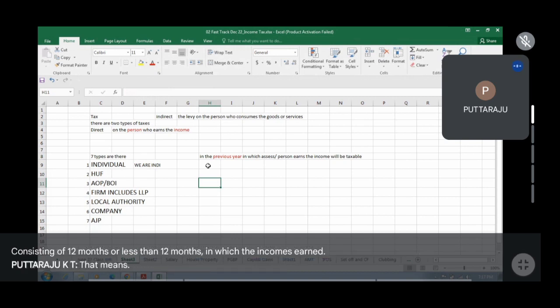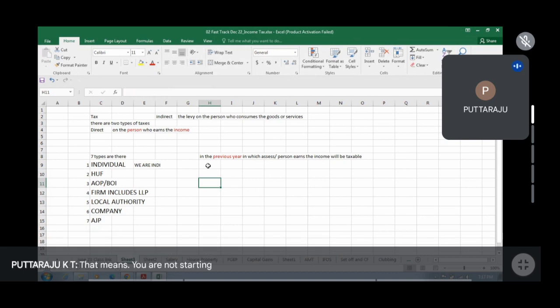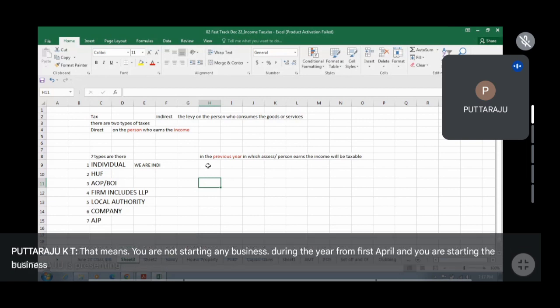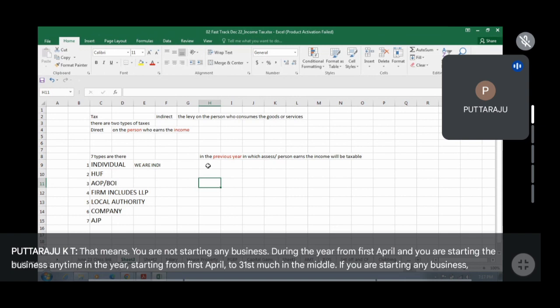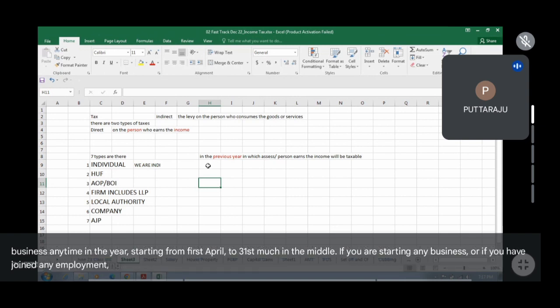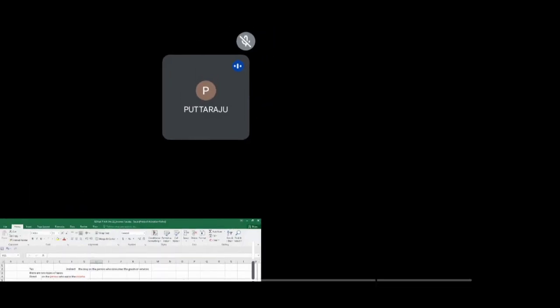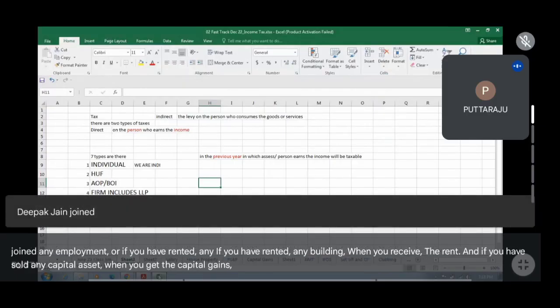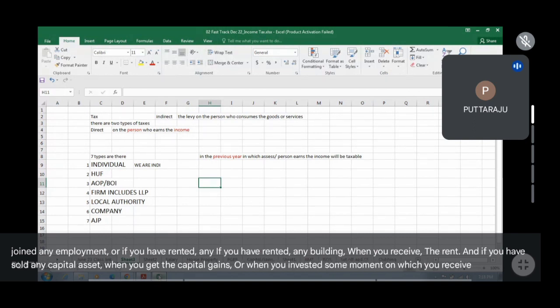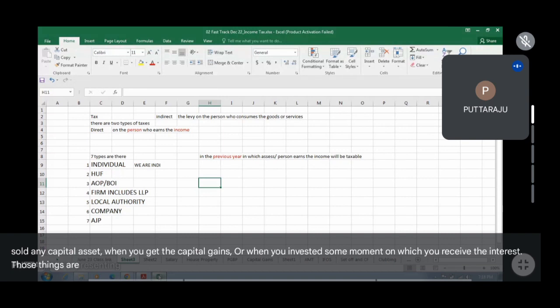That means if you are starting any business anytime in the year, from 1st April to 31st March, in the middle, or if you have joined any employment, or if you have rented any building, when you receive the rent, and if you have sold any capital asset, when you get the capital gains, or when you invested some amount on which you receive the interest, those things are the incomes which you earned or received during the previous year.